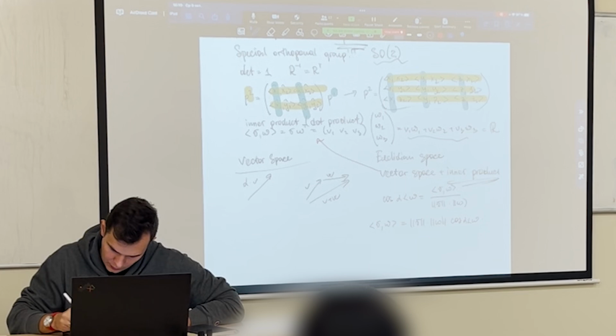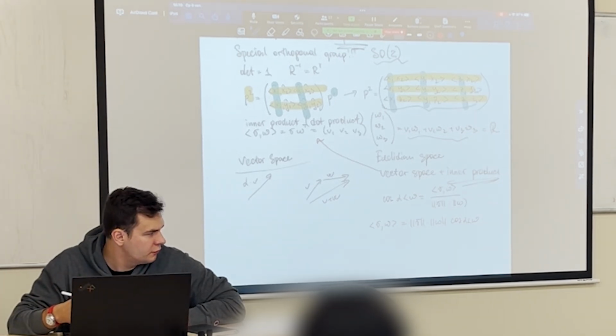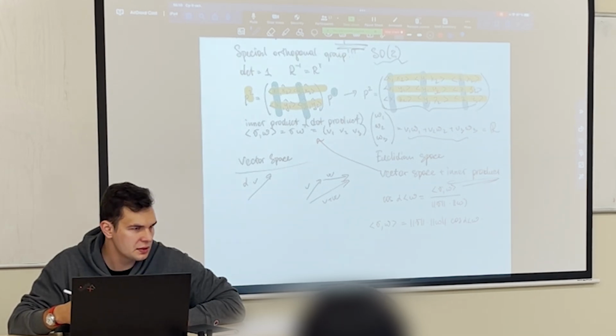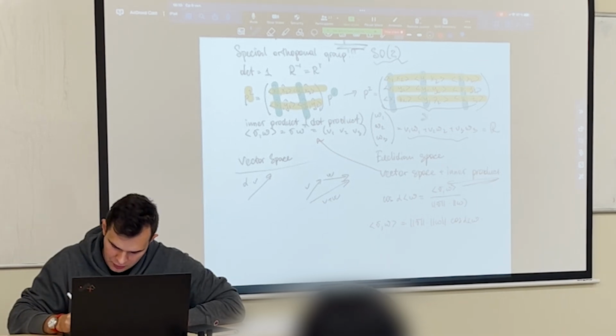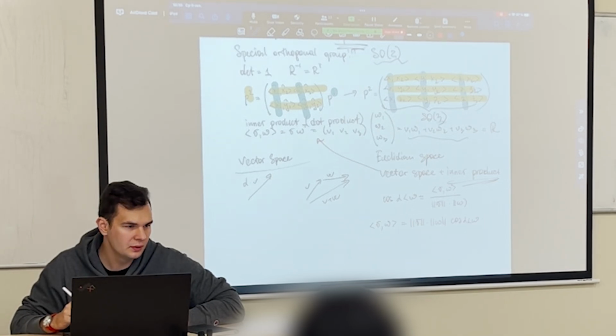This stuff will be the rotation matrix for the 3D space, yes, with the 3 dimensions, and it will be SO3. 3 stands for the dimension of the space.